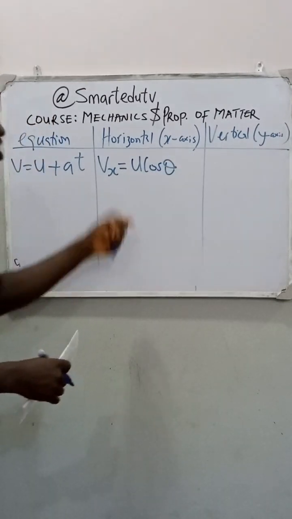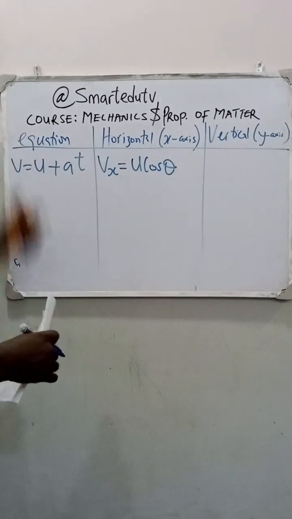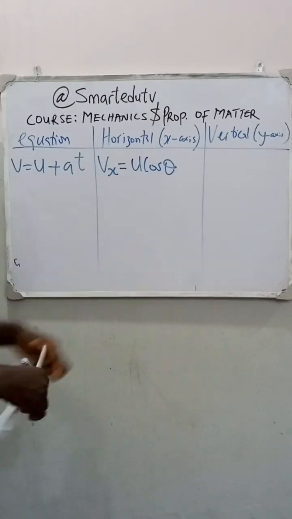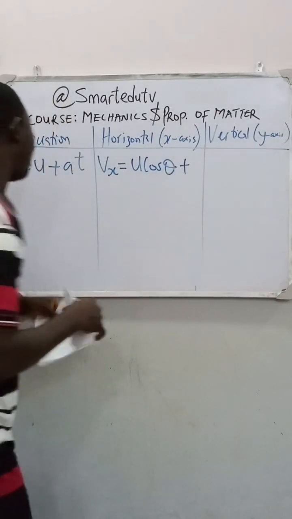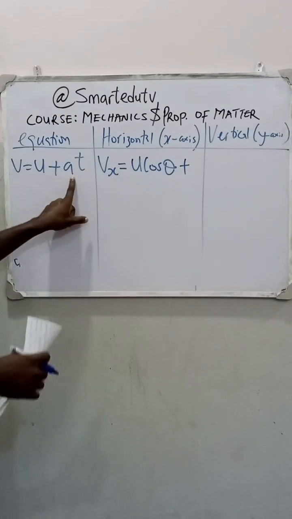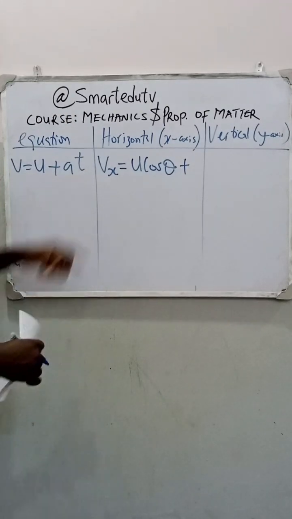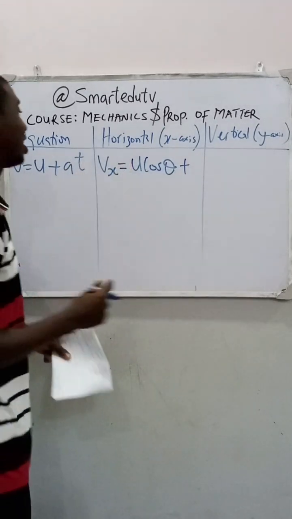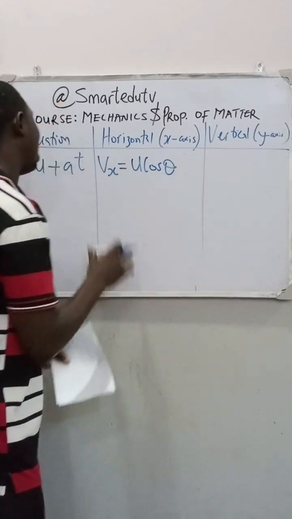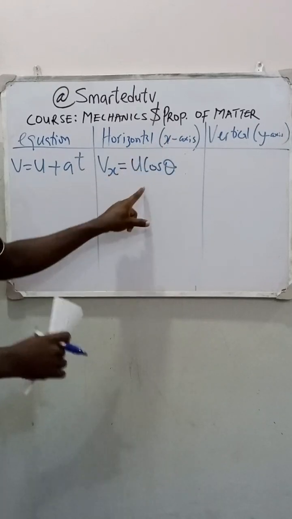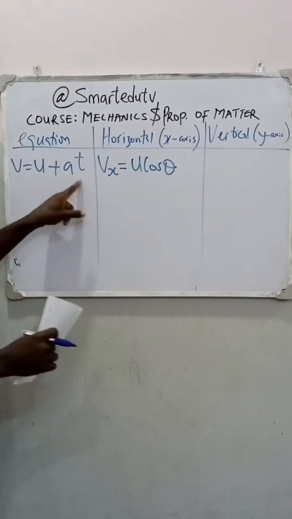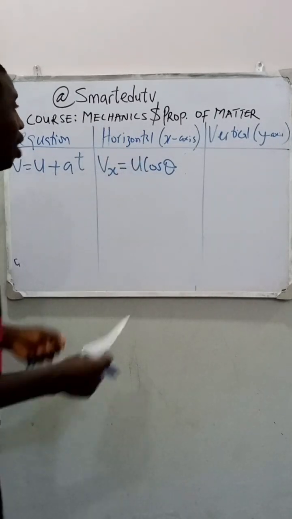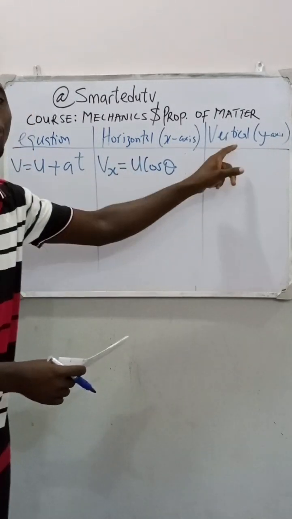Don't forget, anytime we are resolving any letter along the x-axis, it is that letter cos theta. Also, plus at: acceleration along the x-axis is 0, 0 times t becomes 0. That is why the velocity along the x-axis becomes only u cos theta.